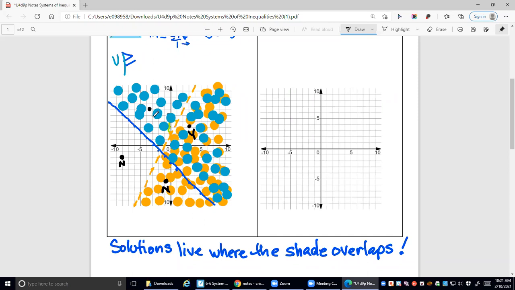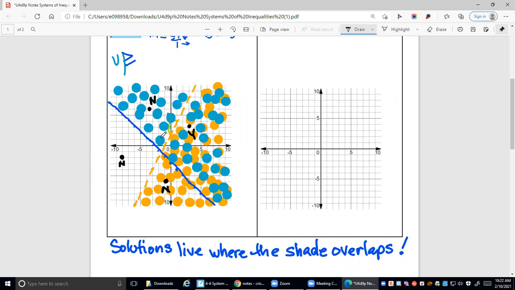Hussein, go ahead and tell me, is this a solution to the system of inequalities, sir? No. Why? How many inequalities does it have to satisfy? How many colors does it need to be? 0, 1, or 2?